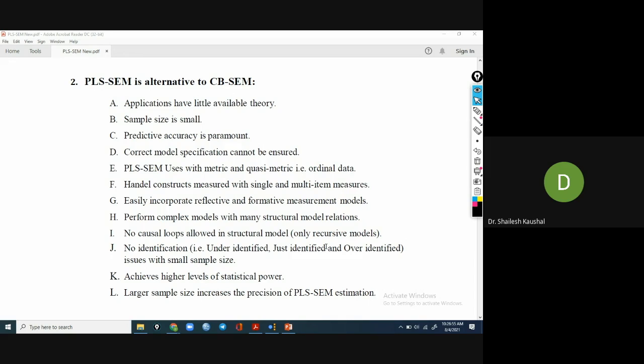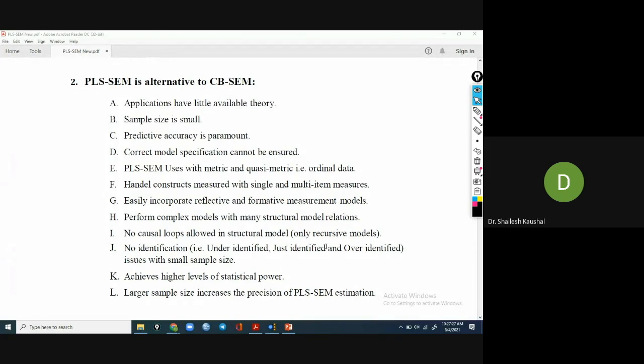And the second advantage of the PLS SEM, when sample size is small. If you are taking 20 questions and your sample size is 40 or 50, then we can perform PLS SEM in SmartPLS. But in CBSEM, ideally the sample size should be 8 to 10 times the number of variables.